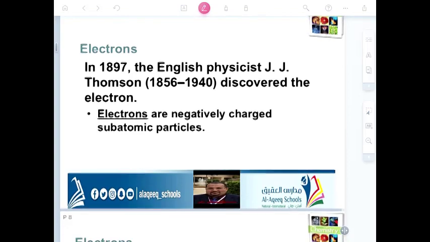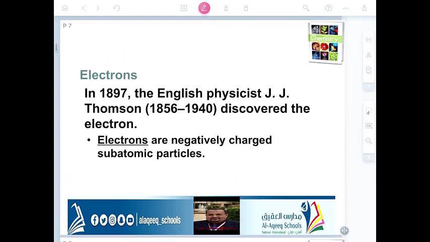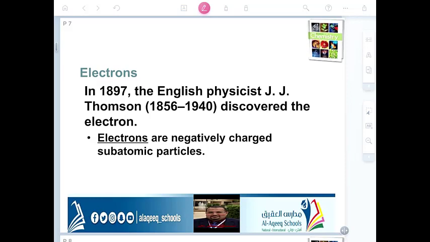First, let's start with the electrons and how they were discovered. The English physicist Thomson, who is very famous, discovered the electron. Electrons are negatively charged subatomic particles, as you know before.